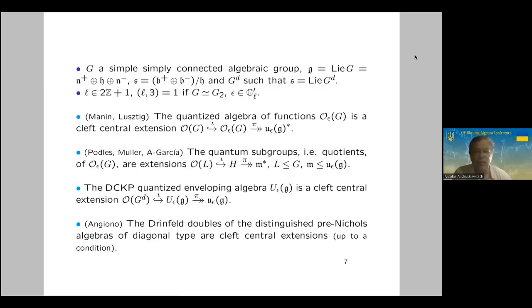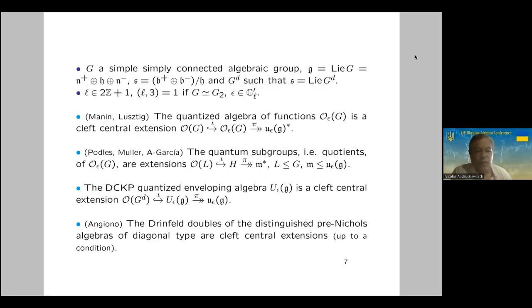And it can be shown that this is a cleft central extension of O(G) by the dual of the finite quantum group u_epsilon(G). So this iota can be thought of as a kind of Frobenius map, if you wish.